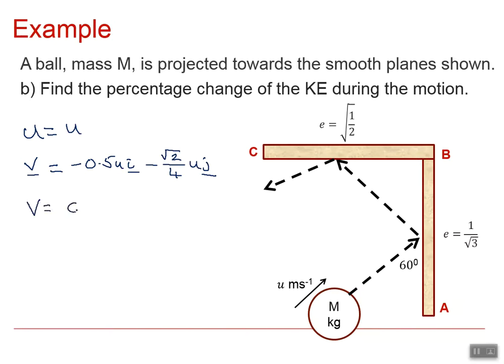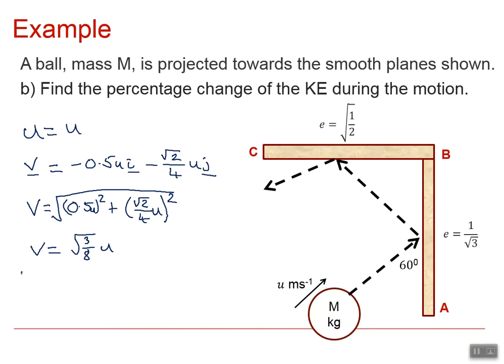So v is going to be the square root of (0.5u) squared plus (root 2 over 4 u) squared. So we end up getting root 3 over 8 u.